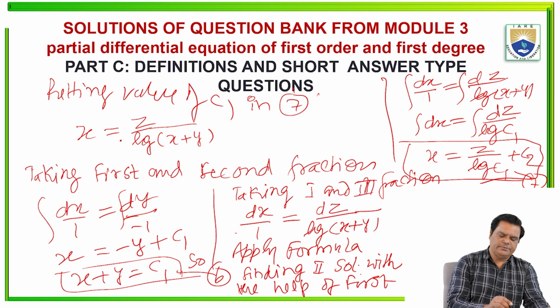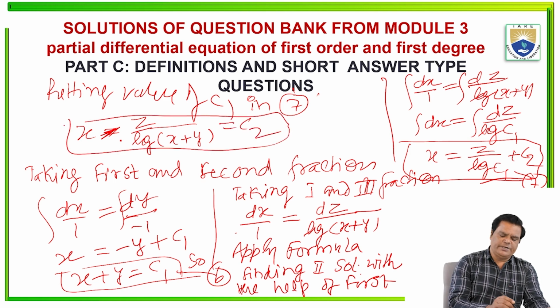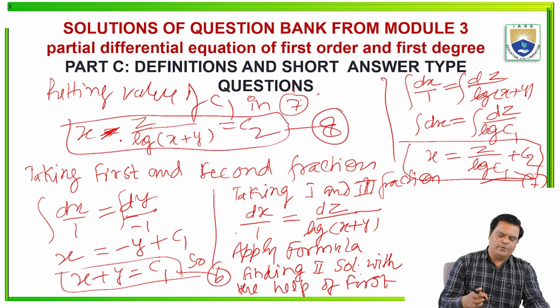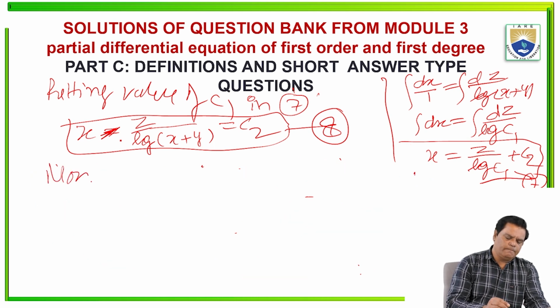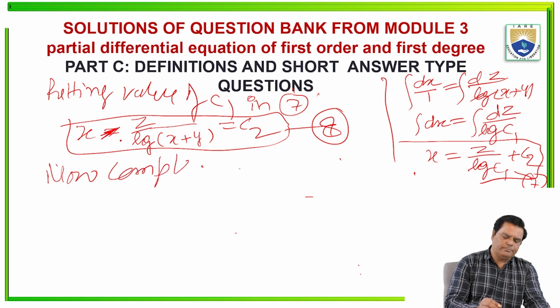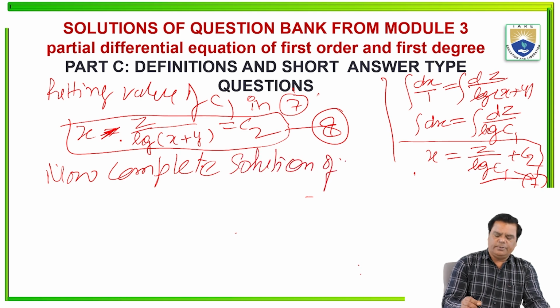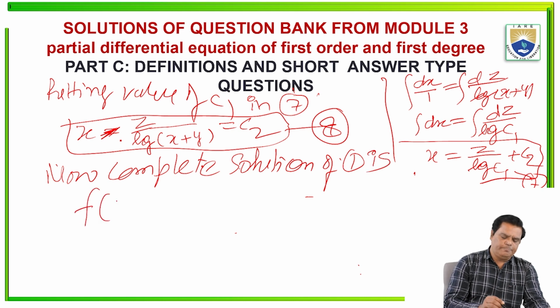So x minus z upon log x plus y equal to c2. This is equation 8. Now the complete solution of 1 is a function.